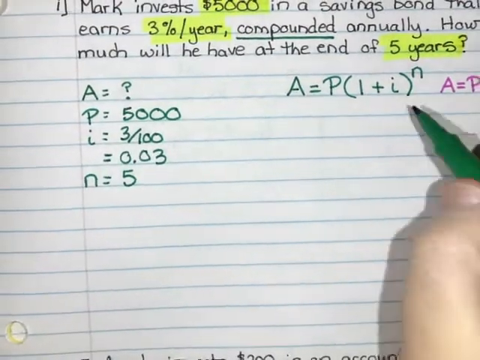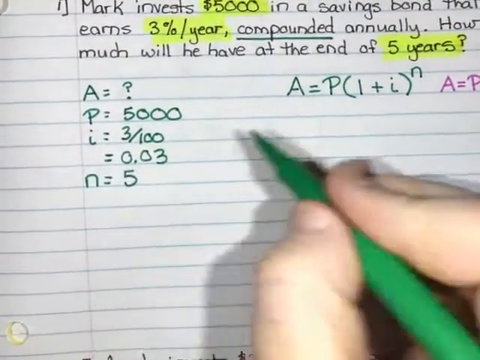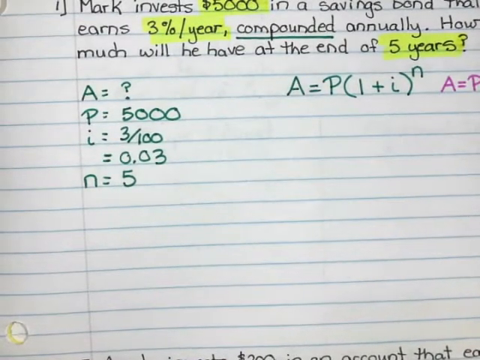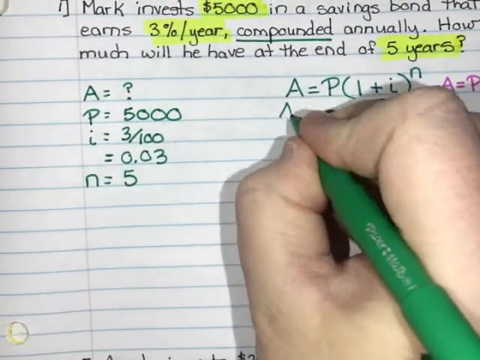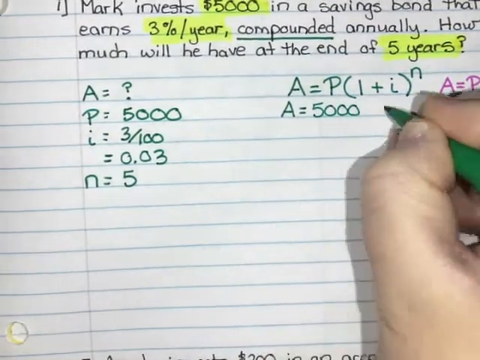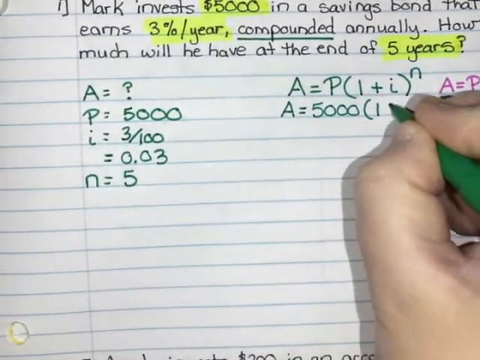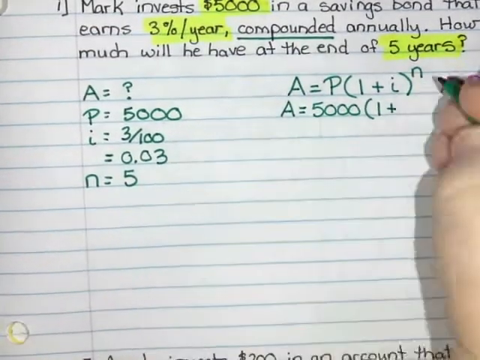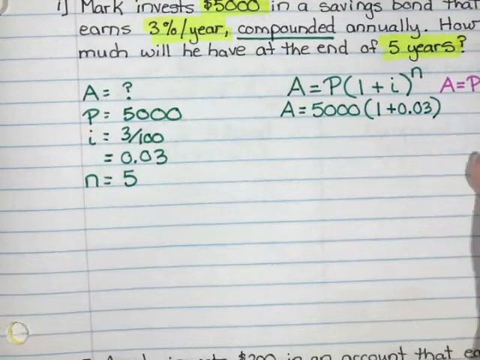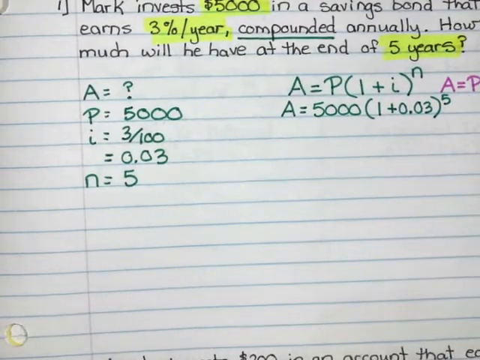Okay, so I'm going to take my formula. I'm going to sub these numbers in everywhere I see those letters, and then we're going to use order of operations to calculate. So I don't know what A is. P is 5,000. 1 is just the number 1. Plus I is 0.03. And then to the power of n, that's to the power of 5.